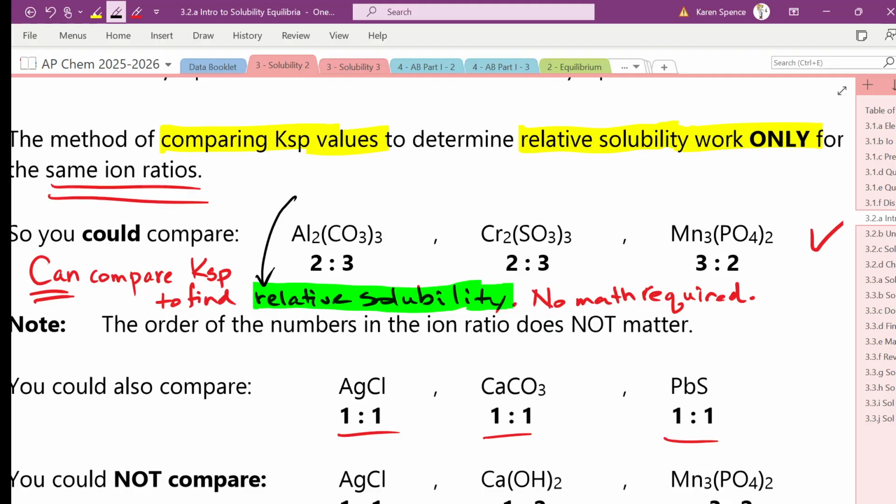Yeah, it's just comparing their solubilities, which is the most, which is the least.